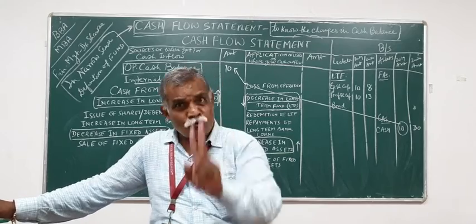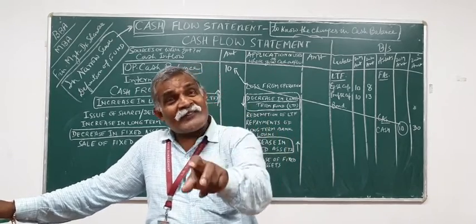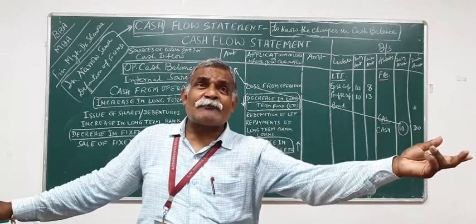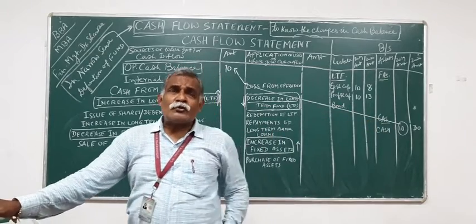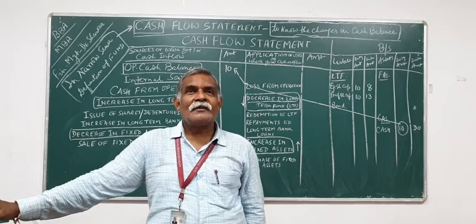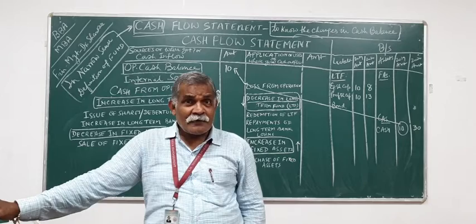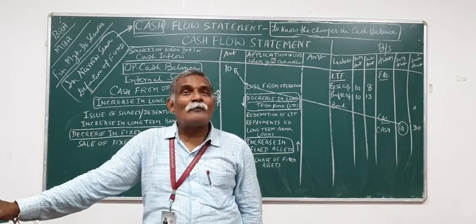How much? 2 rupees. Because we have paid, the equity share capital amount decreases from 10 to 8. So do you write here decrease in equity share capital? No. Do you write increase in equity share capital? No.